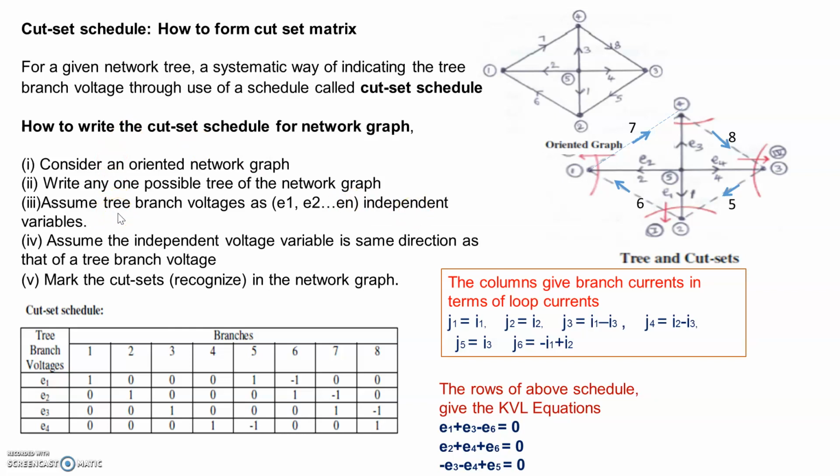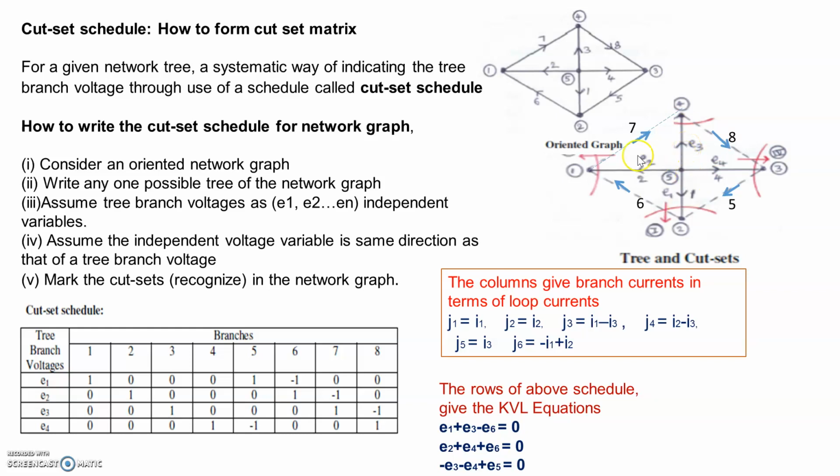So tree branch voltages become independent variables, and they are the number of rows in the cut set matrix. Here I have marked E1, E2, E3 and E4. It is not necessary that E2 should be marked at tree branch number 2 or E4 at tree branch number 4, or E3 at tree branch number 3.